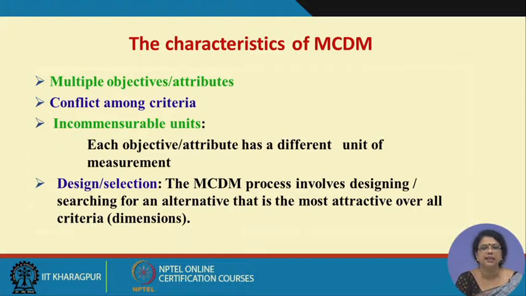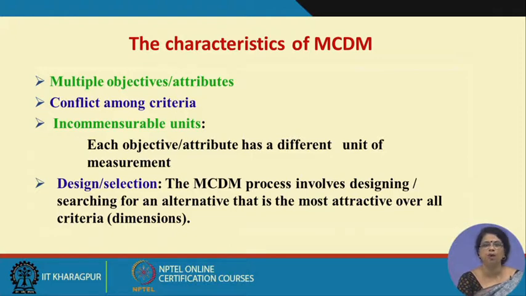Incommensurable means they are measured in different units. If one objective function is measured in meters, another can be in hours, it can be in kg, and we are comparing all these objective functions, which are in different units, all together. That is the beauty of multi-criteria decision making.